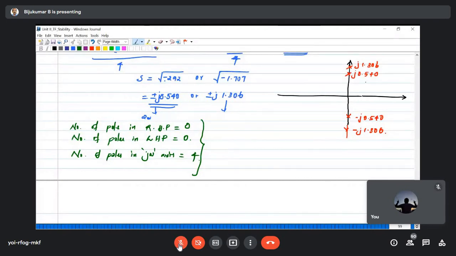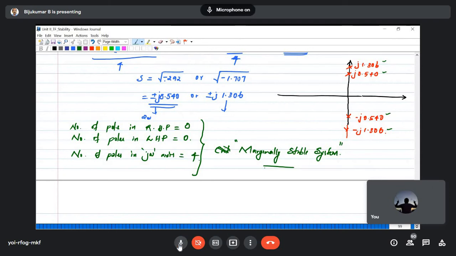In this case there is no multiple pole. This is different, this is different, this is different, and this is different, right? So that means it is a marginally stable system. Clear? Any doubt, please?